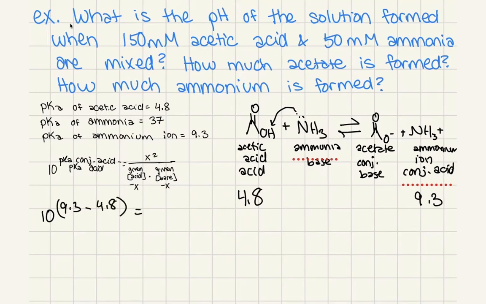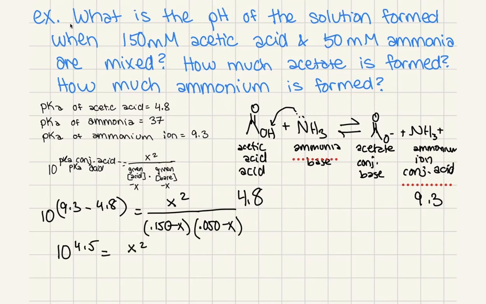And that's going to be equal to x squared divided by our given acid minus x, so that would be our 0.150 minus x, times our given base minus x, so that would be our 0.050 minus x. This simplifies down to 10 to the 4.5 equals x squared over 0.150 minus x times 0.050 minus x.